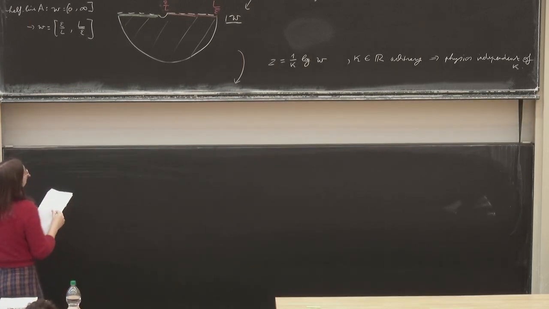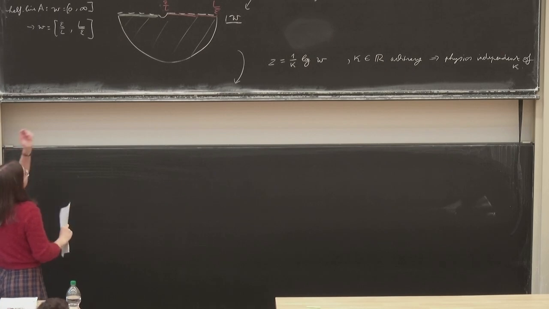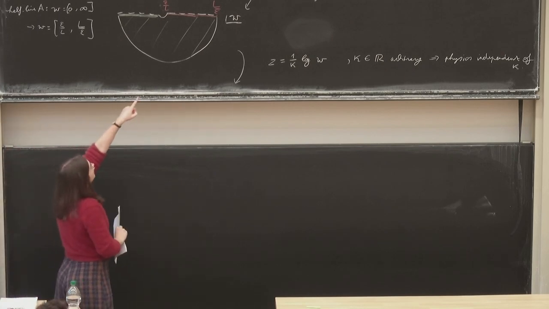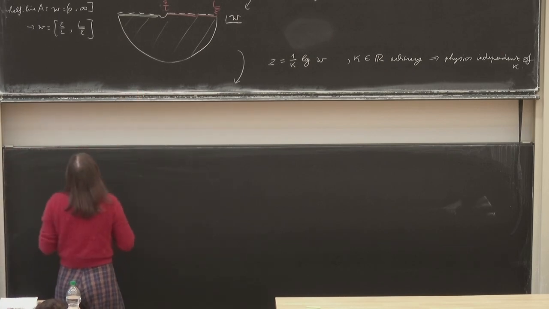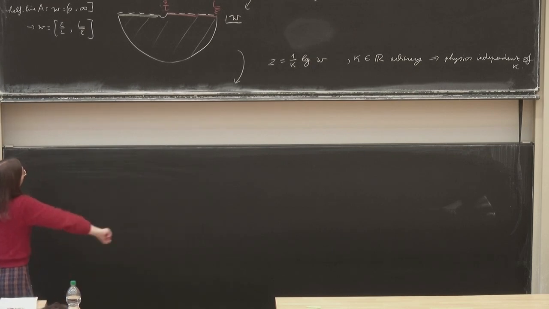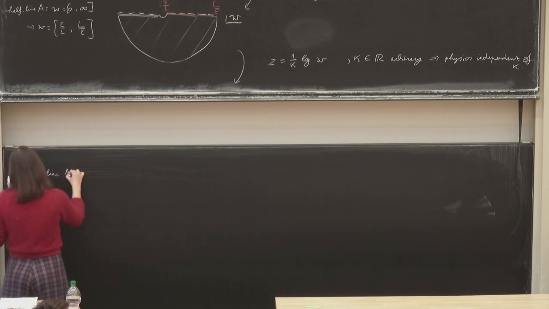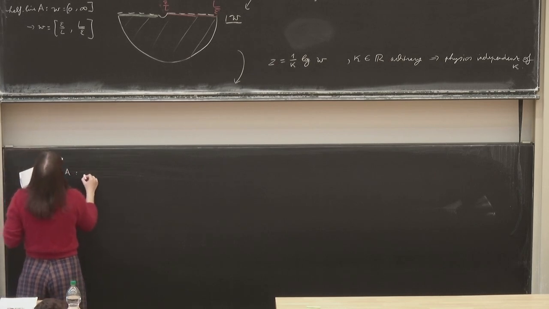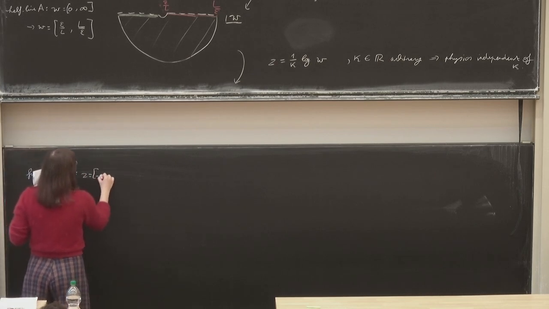What this map will do is map the red half line onto a full line that runs from Z is minus infinity to infinity.